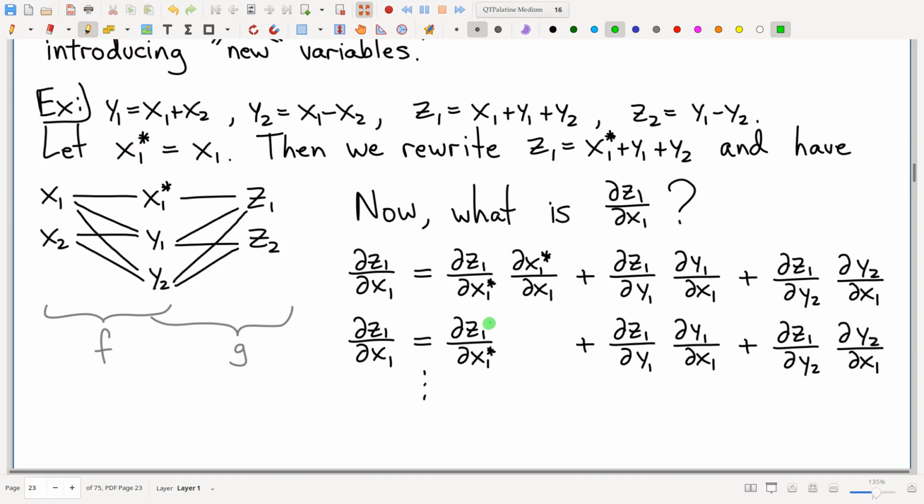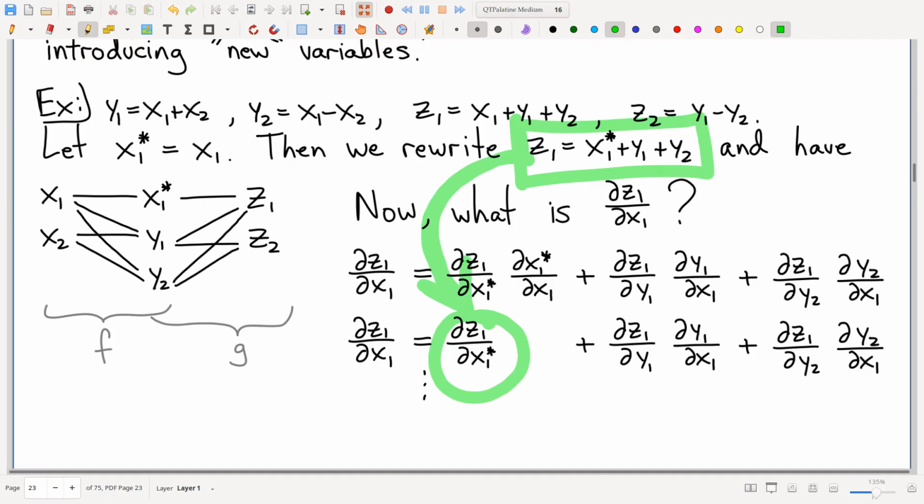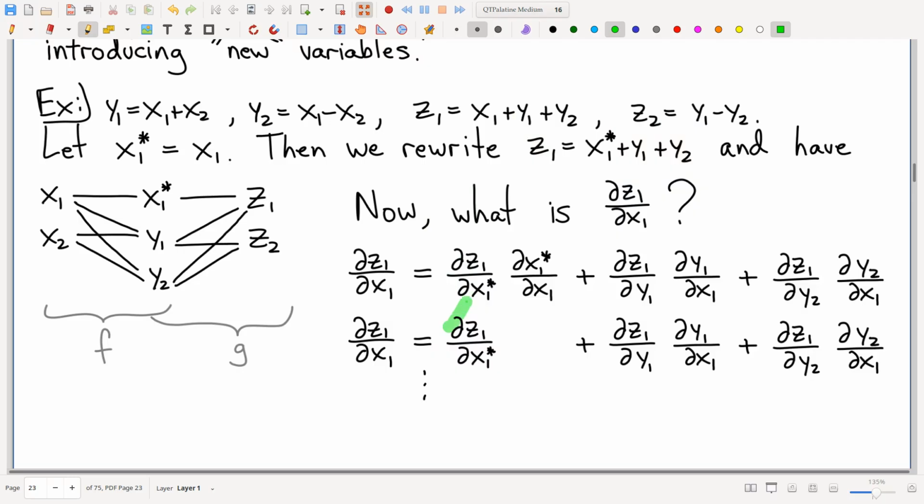Partial of z1 with respect to x1 star, no problem. That'll just be 1. Because z1 is a function of these other 3 variables, including x1 star, and partial of that with respect to that is obviously 1. Right, and all the other partials are correspondingly convenient, and boom, answer.